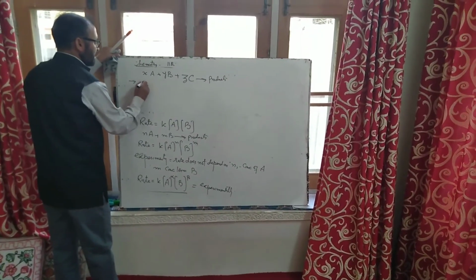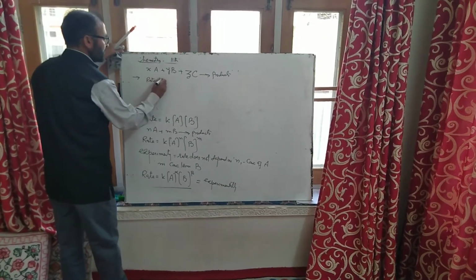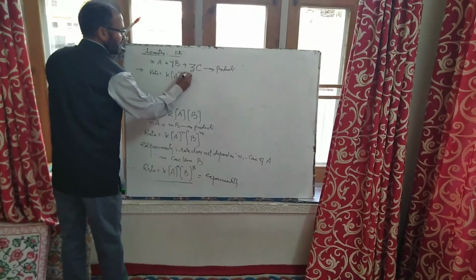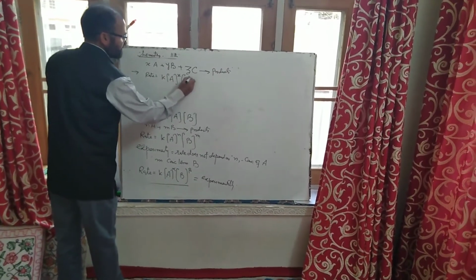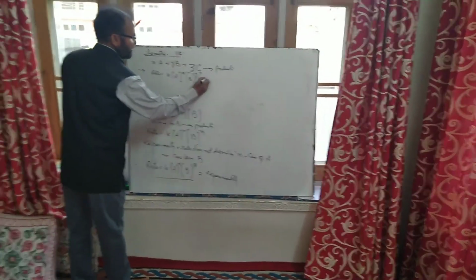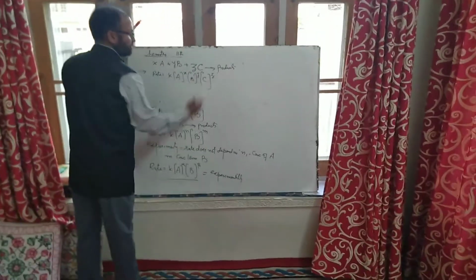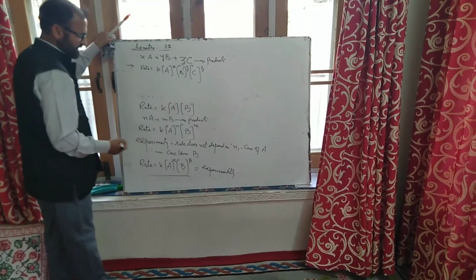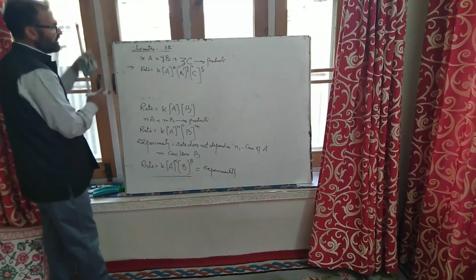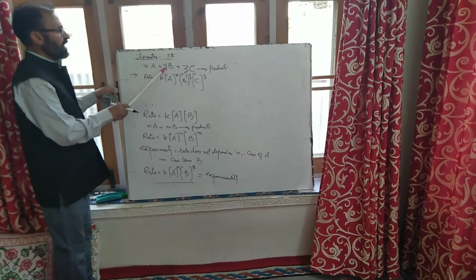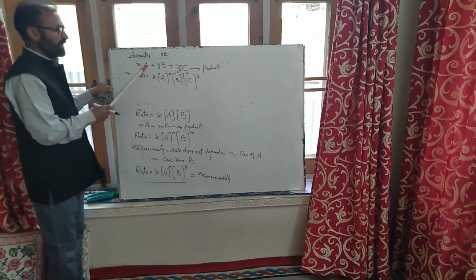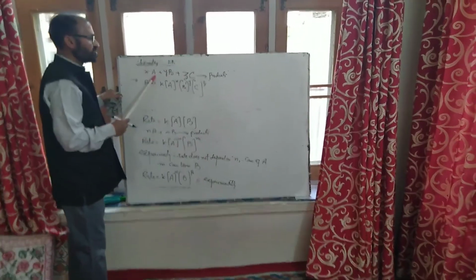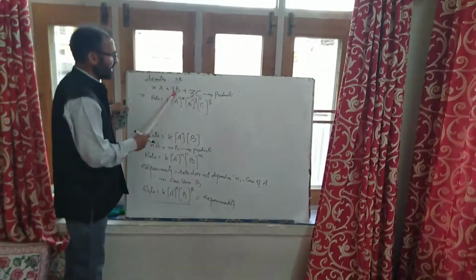It is rate is equal to K, concentration of A raised to power X, molar concentration of B raised to power Y, molar concentration of C raised to power Z. Now, as per experimental evidence, the rate will not depend upon the concentration terms X, Y and Z. X is the concentration term of A, Y is the concentration term of B, and Z is the concentration term of C, as shown in the balanced chemical equation.